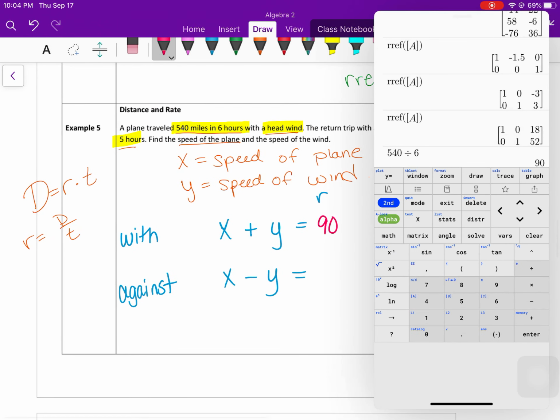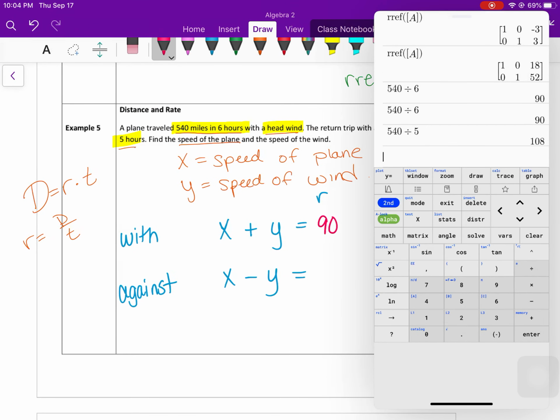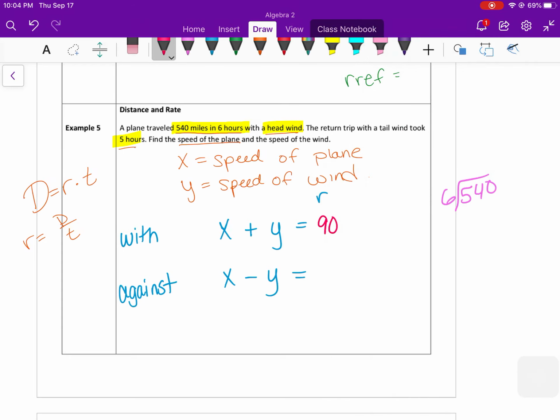So then 540 divided by 5 hours, they were going 108 miles per hour. Oh wait, that should be the other way around. 5 hours was faster, 108 miles per hour, slower, 90 miles per hour, because it's going to take 6 hours to go against the wind. And then with the wind, it was less time.